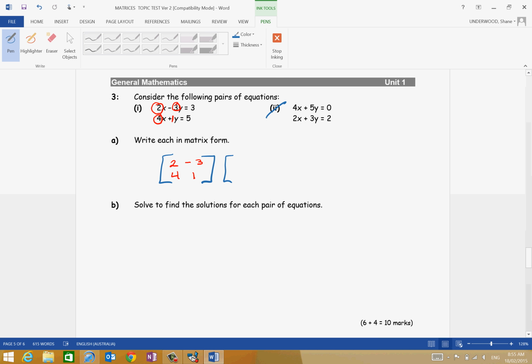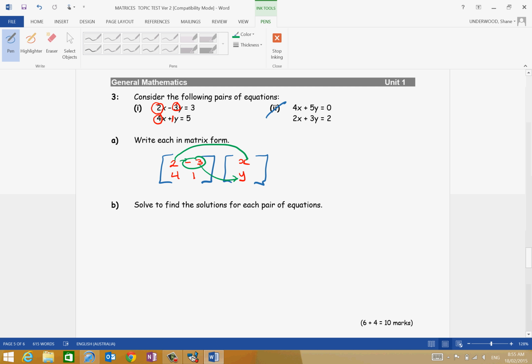If I was to multiply that by, and this is where knowing matrix multiplication really helps, x and y, which are my 2 variables, we go across and down. 2 times x, and then across, minus 3 times y.